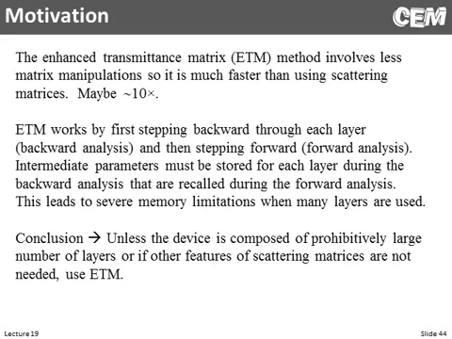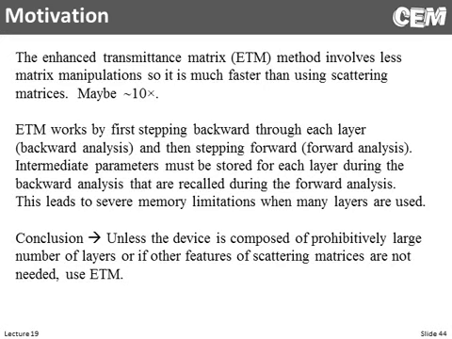I'll hopefully explain here the drawbacks and the benefits of it. In my experience, it's 5 to 10 times faster than using scattering matrices. So I'll say maybe 10 times. There is a drawback of the enhanced transmittance matrix. What we'll do is we will start at the very last layer of the device and work backward through the layers all the way up to the first layer. But we're storing parameters along the way.